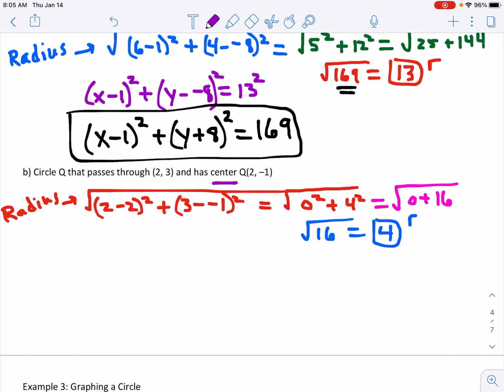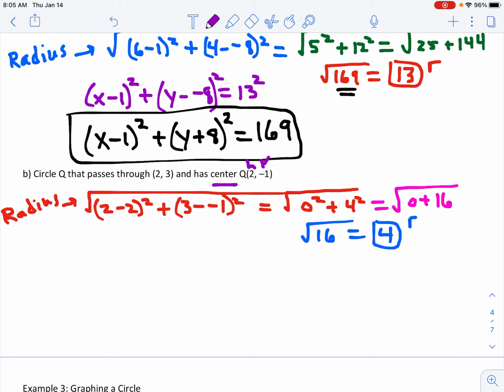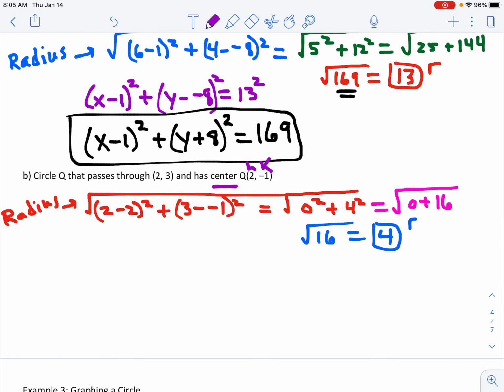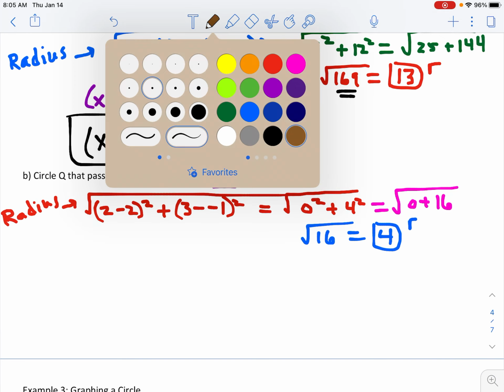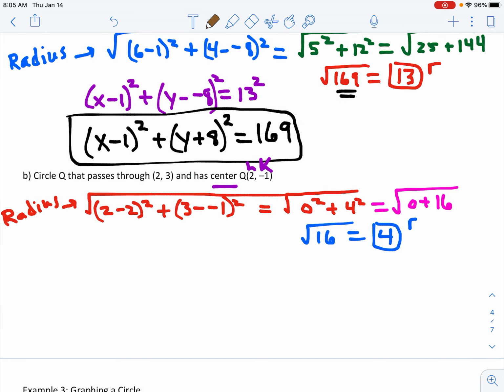Now go back and find your center, and let's label that h and k. And let's take h, k, and r and plug it into our formula and then clean up whatever we need to. All right, so here we go. X minus h was 2 squared, plus y minus k was negative 1 squared, equals r squared, and r was 4.